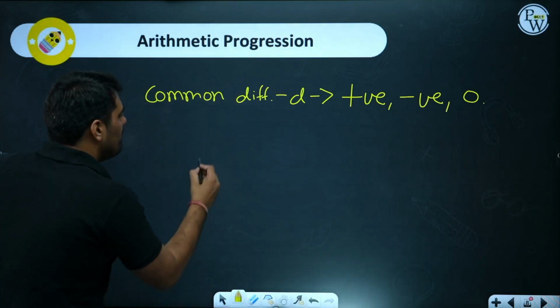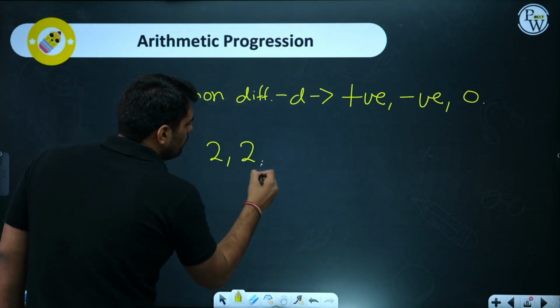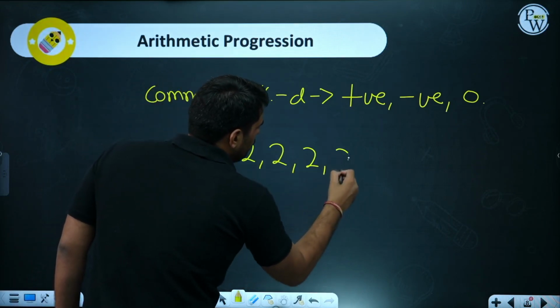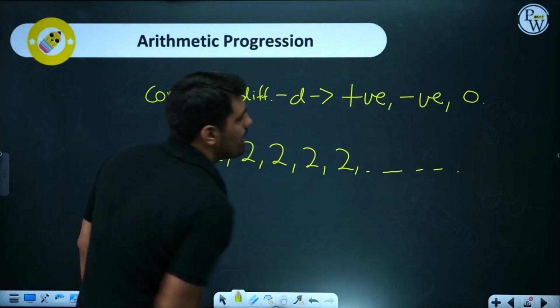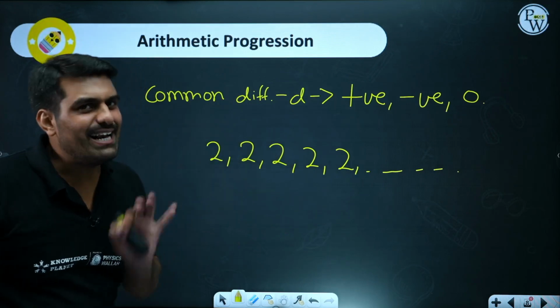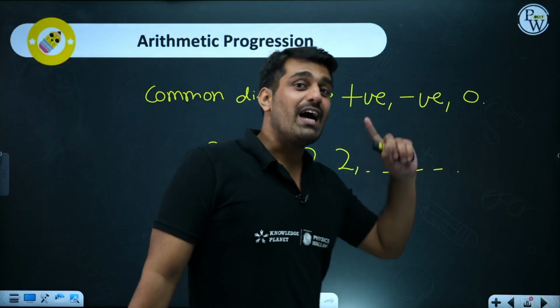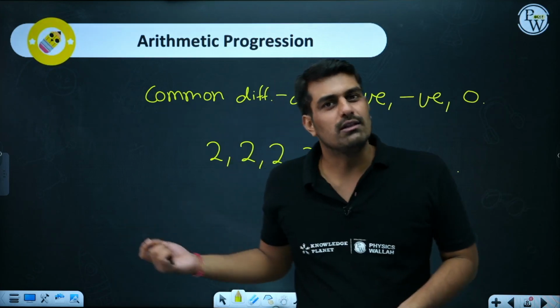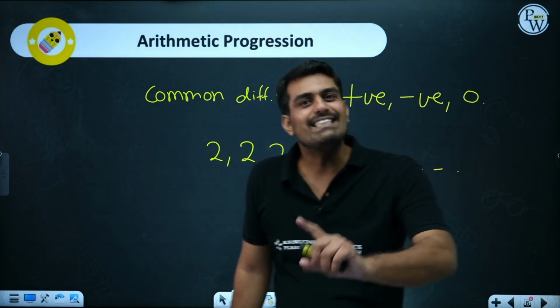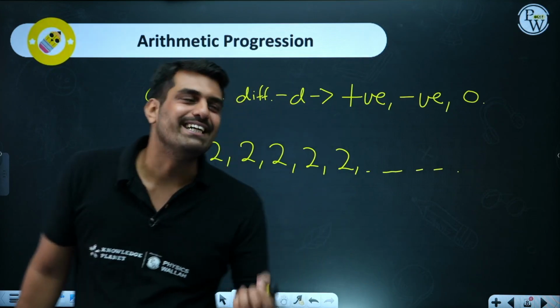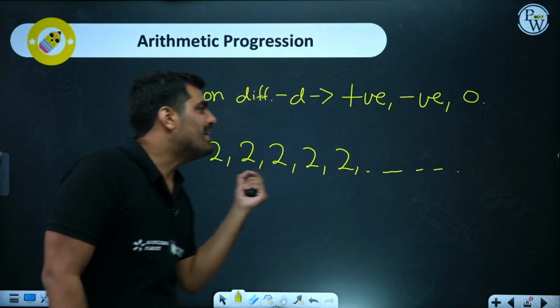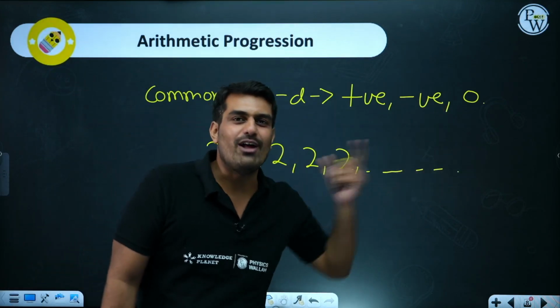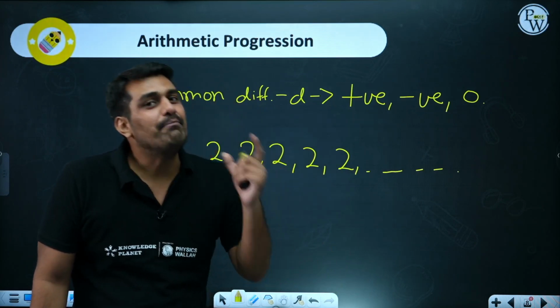So for example, if I write over here 2, 2, 2, 2, 2, and the thing goes on. This kind of sequence is very interesting, because if I ask you what will be the 1000th term of this, what will be the 200th term of this, you say, sir, there is no change. But, oh, there is a change. One change is constant, that is 0. 0 is being added in each and every following term. And 0 can be the common difference.